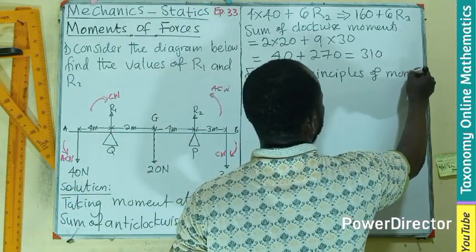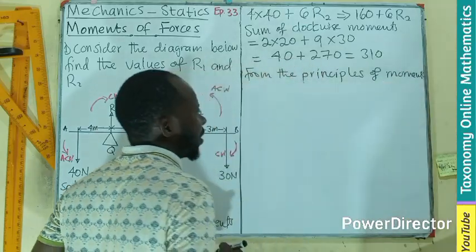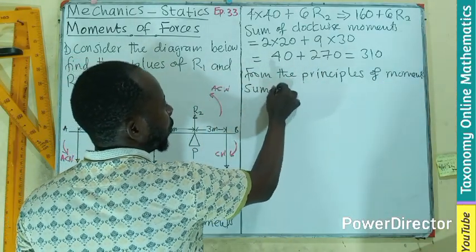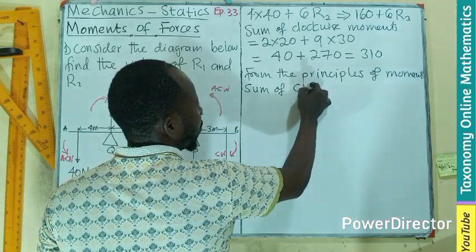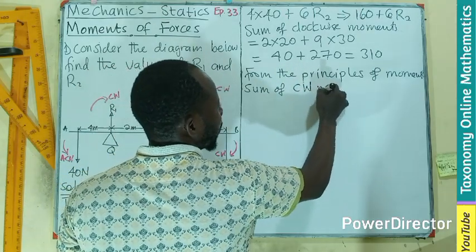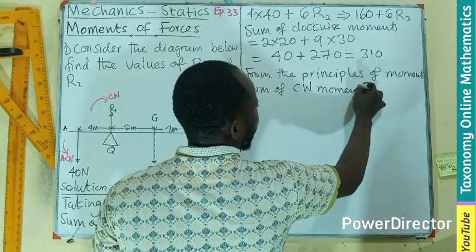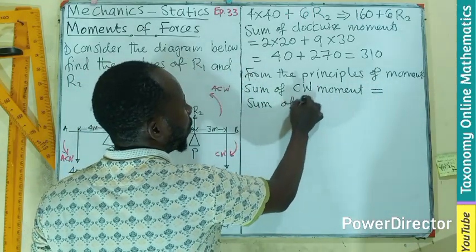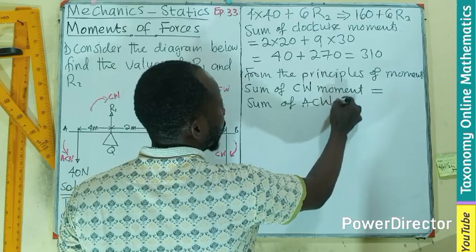So we can say that from the principle of moment, we know that the sum of clockwise moment will be equal to the sum of anti-clockwise moment.